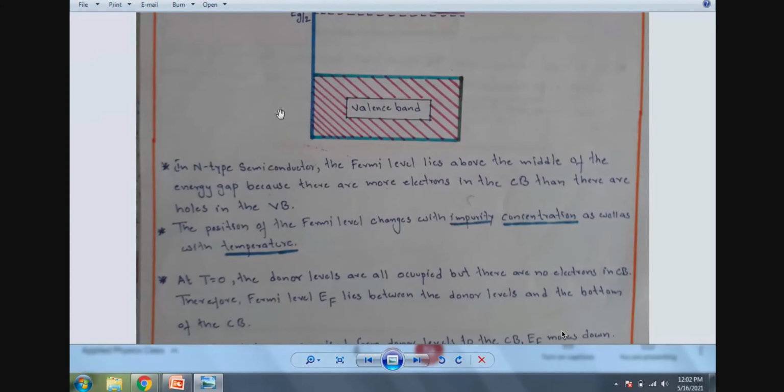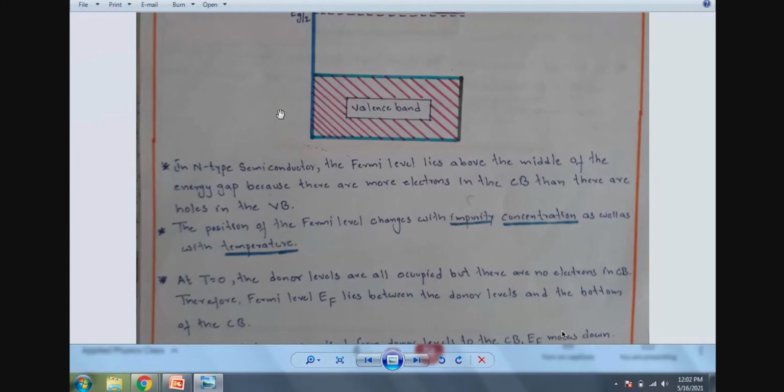The most important point here is that the crystal behaves as an intrinsic semiconductor when the thermal excitation of electrons in the conduction band is more than the electrons there. So this is the Fermi level position for the n-type semiconductor.